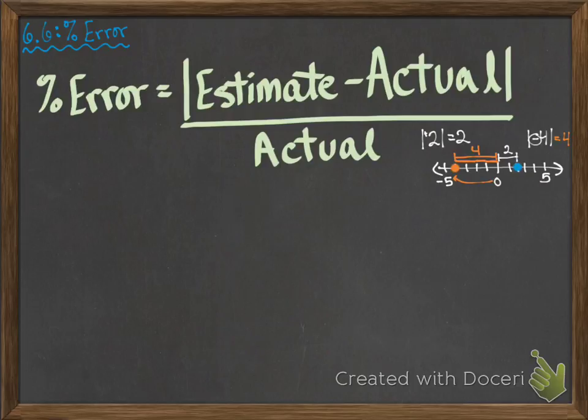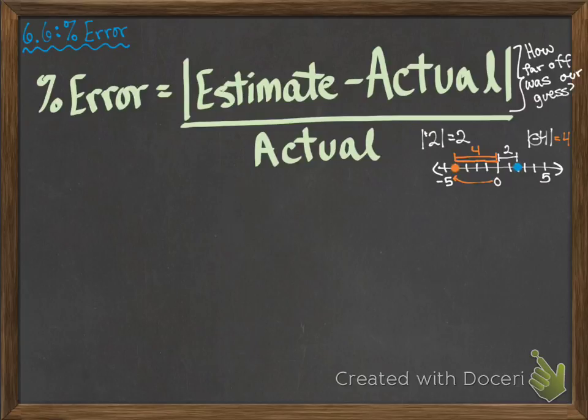So when we do this part up here, the estimate minus actual, we're saying how far off was our guess. We're calculating how good or bad our guess was by figuring out, okay, I was only 3 away from the actual value, or I was 5 million away from the actual value.